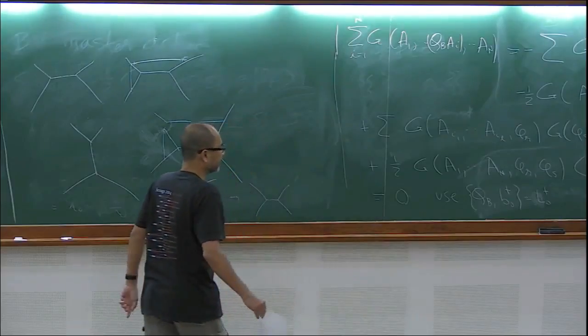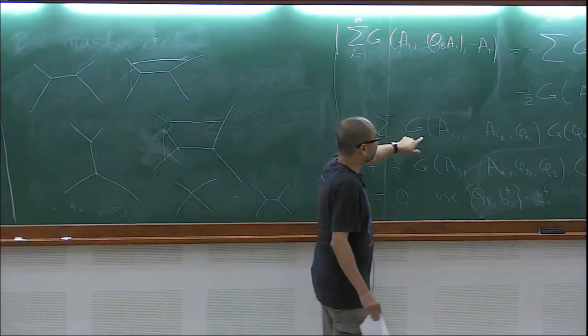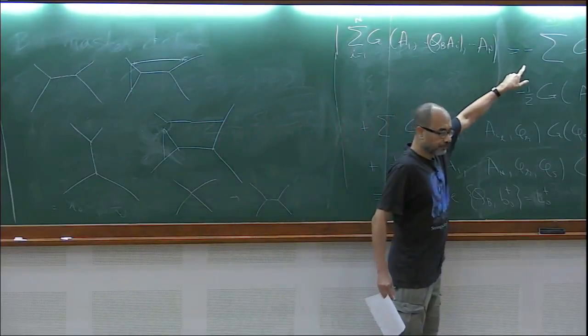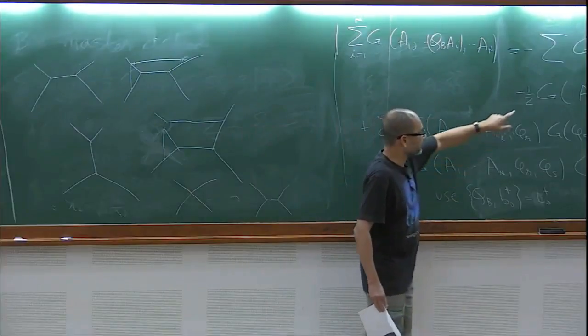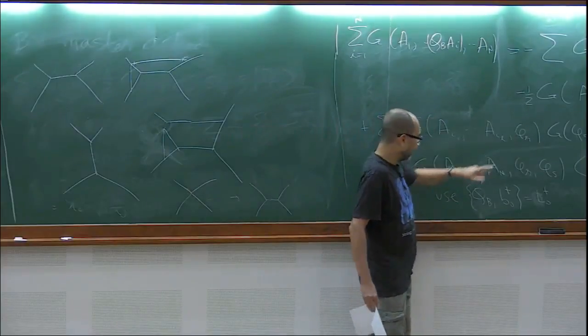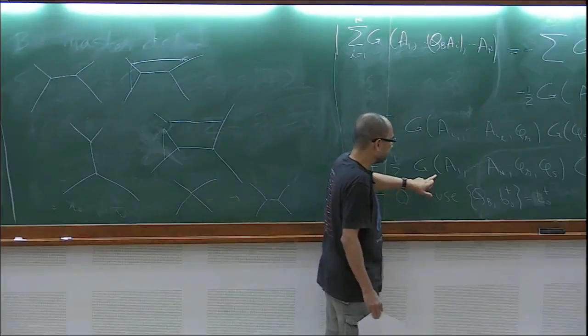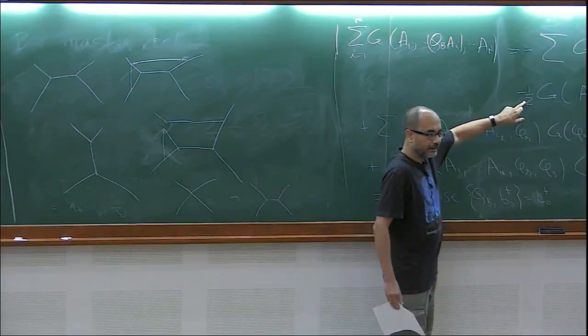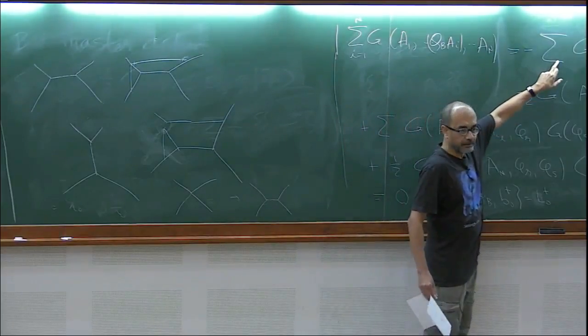So the result is that earlier, for G, this one cancelled this one, and this one cancelled this one. Now the last term is still present, so this will still cancel this one, but there will be nothing to cancel this one.